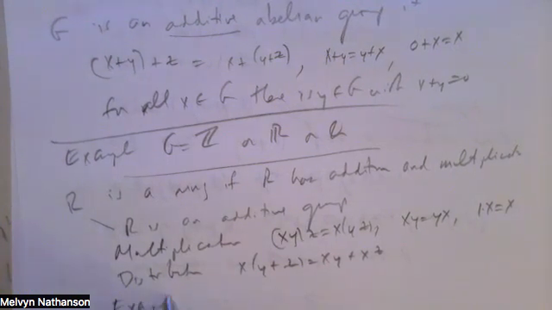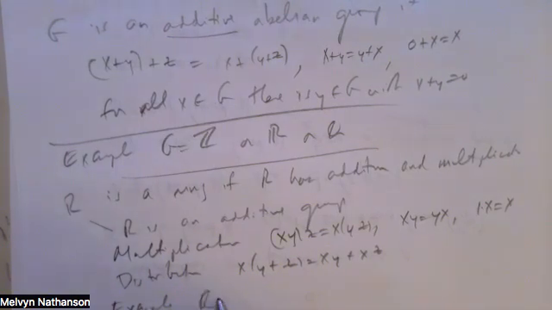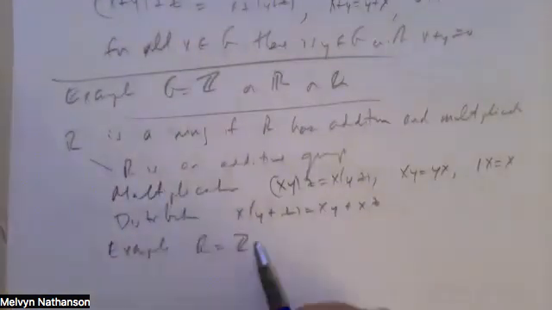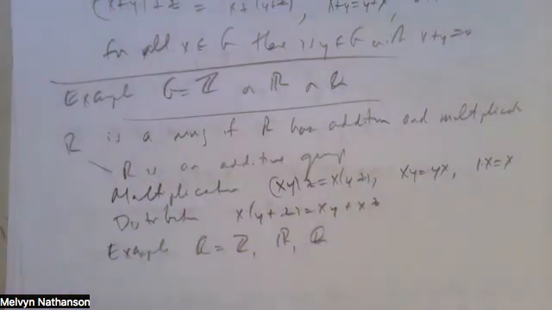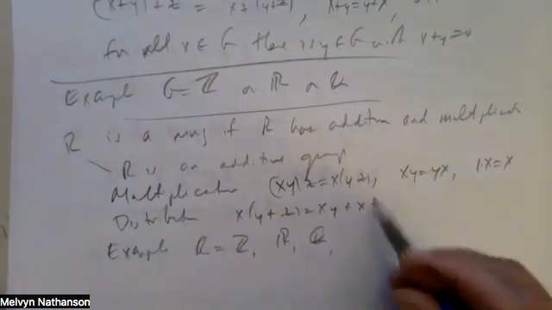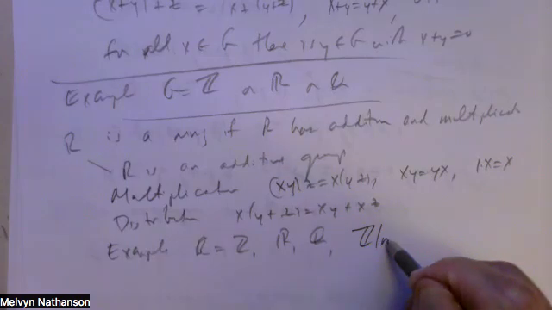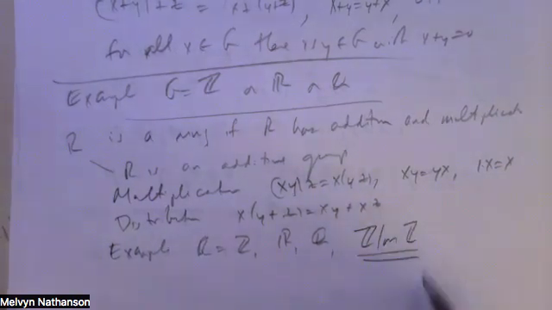So examples of rings are, again, the integers, the real numbers or the rational numbers with the usual operations of addition and multiplication. And the important one we saw in this chapter is the ring of congruence classes mod m for every m.